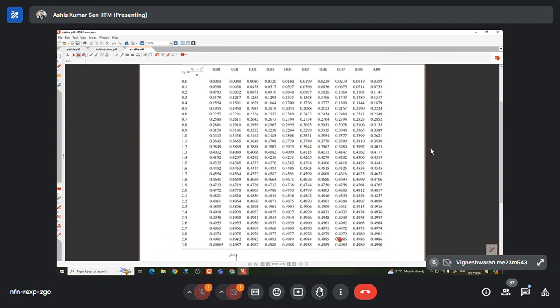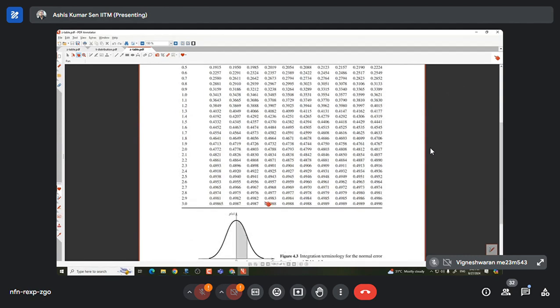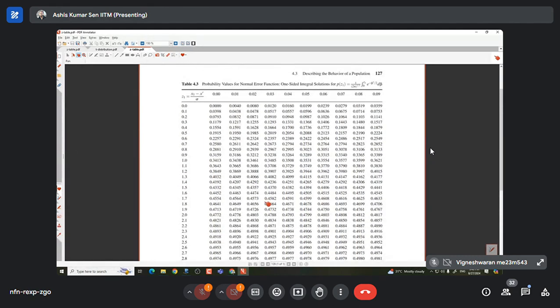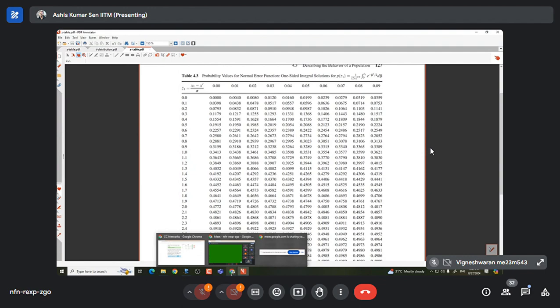If you go to higher Z, it will become 0.5. That means you have reached nearly 100%, you have covered all the data. This table you can download, and if you need, I can share it with you later for your reference.